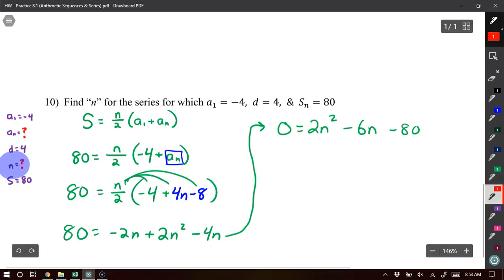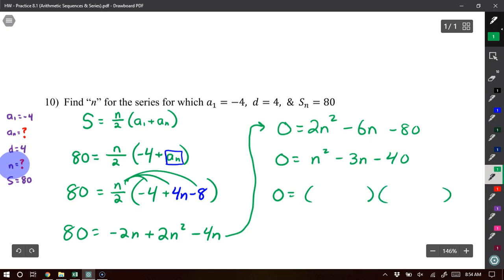I notice these are all even, so I'm going to divide everything by 2. N squared minus 3n minus 40. And if I set this up for factoring, what multiplies to negative 40 and adds to negative 3 is going to be a negative 8, positive 5.